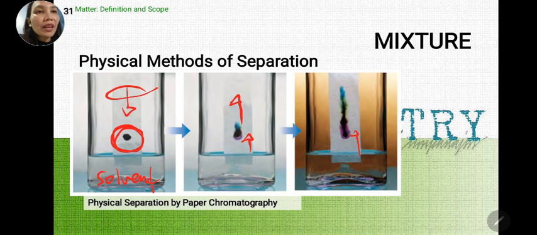So, ibig sabihin, itong mga to ay different substances. So, meron lang silang iba-ibang abilities na mag-stick dito sa paper natin or sa TLC or kung ano man yung adsorbent or solid phase na ginagamit natin. So, isa yung method ng separation na ginagamit natin sa chemistry.